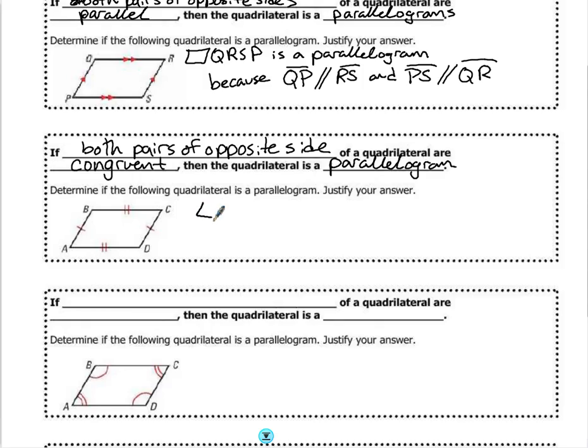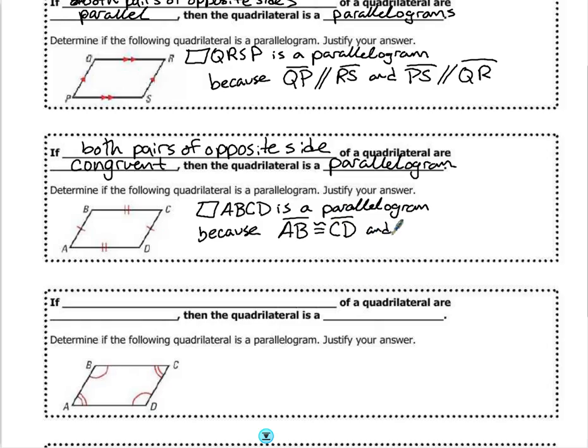We know that quadrilateral ABCD is a parallelogram because this four-sided figure has opposite sides that are congruent to each other. So AB would be congruent to CD, and AD would be congruent to BC.